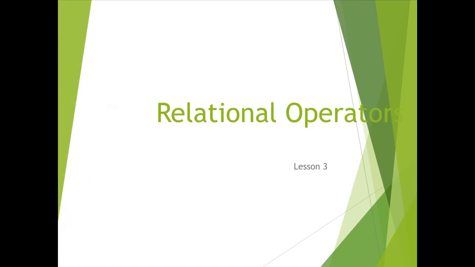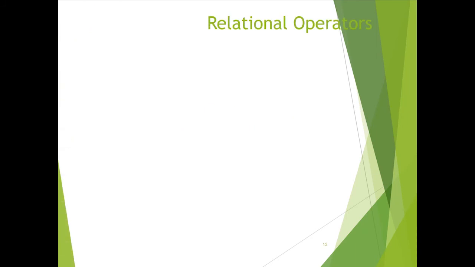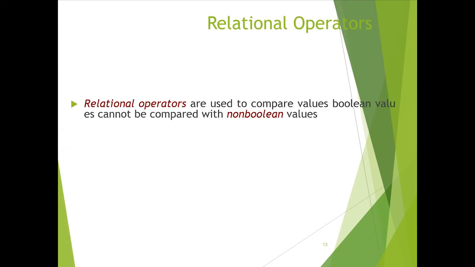Next, we have relational operators. This is the somewhat dizzying one. Relational operators are used to compare values. Boolean values cannot be compared with non-Boolean. So we can only use relational operators on Boolean values, so take note, Boolean.